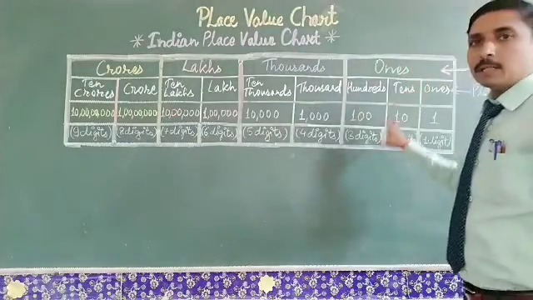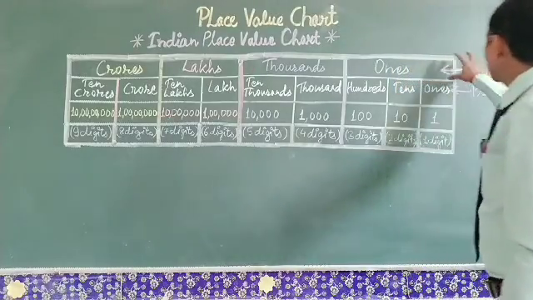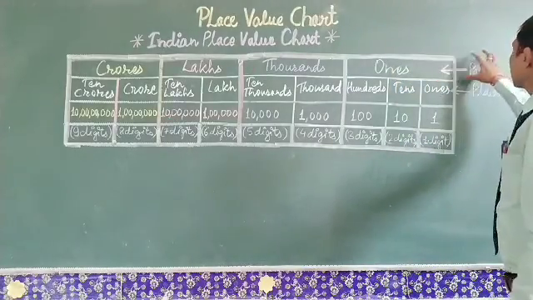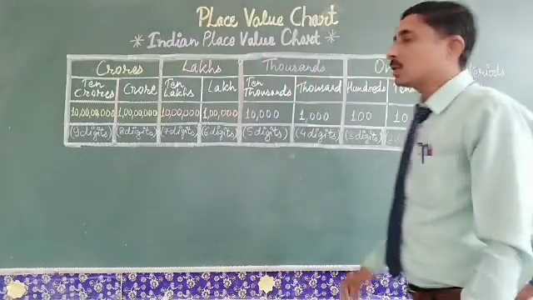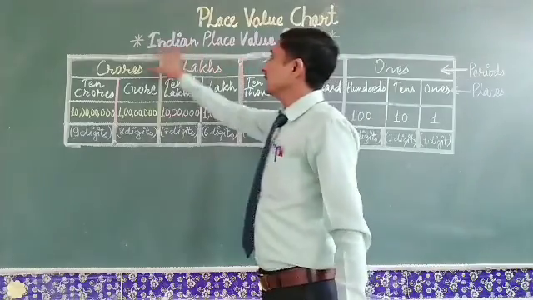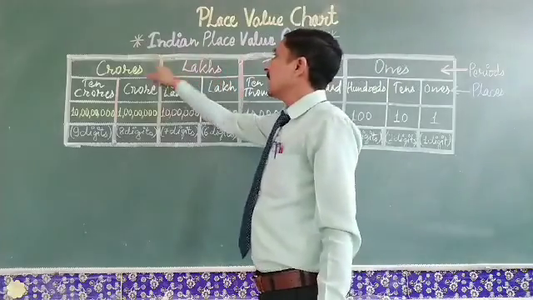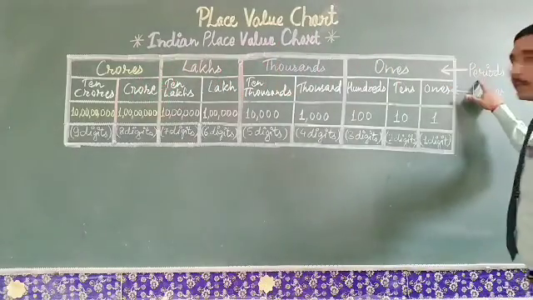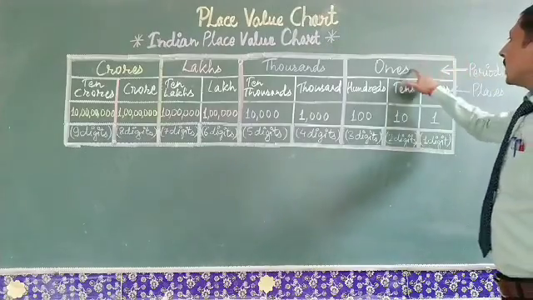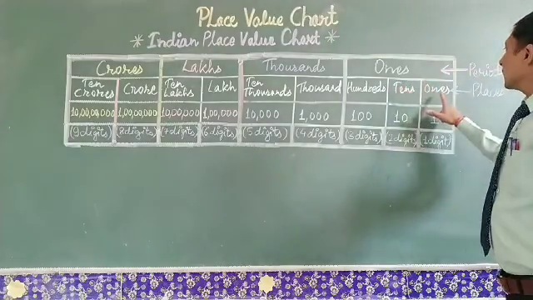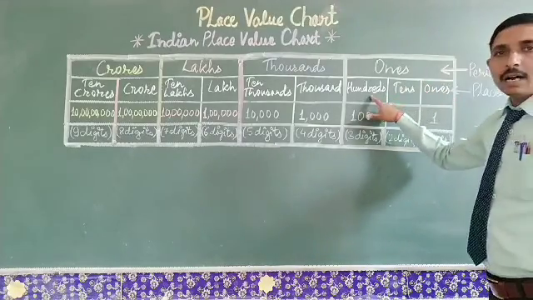In the Indian place value chart there are ones, thousands, lakhs and crores. Up to crore we have to learn in this class. These are called periods. In the ones period there are three places: ones place, tens place and hundreds place.